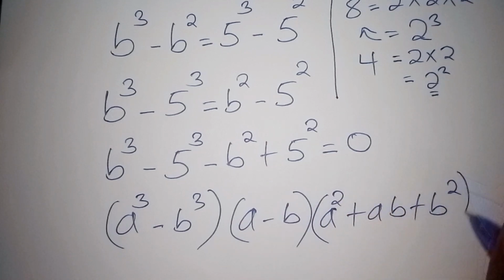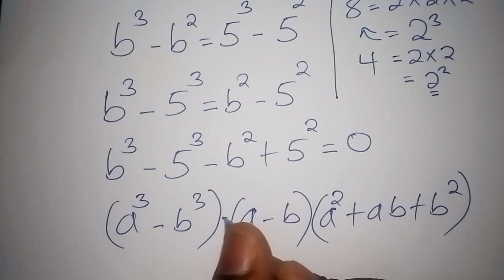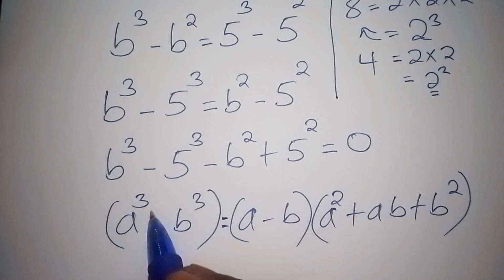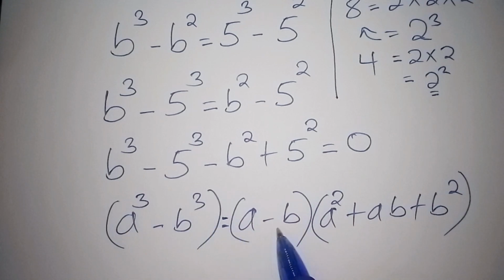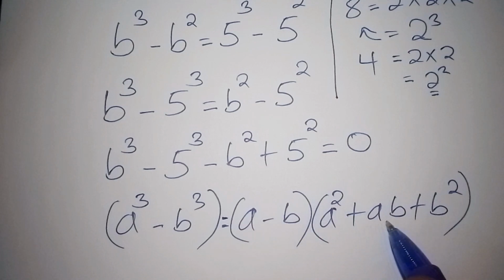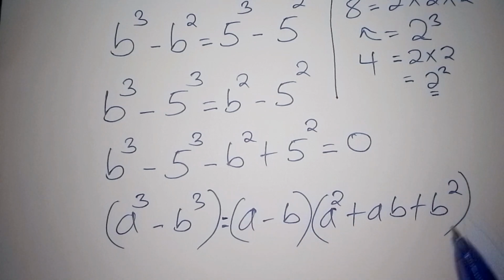So meaning that the result for a cubed minus b cubed shall be a minus b, close the bracket, a squared plus ab plus b squared.